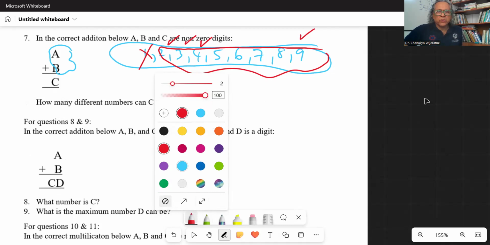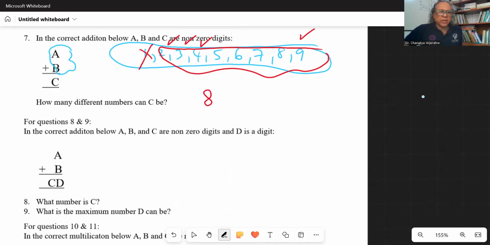Okay. So we go to number 8. Here, again, in this correct addition, A, B, and C are non-zero digits, and these are digits. And what number is C?